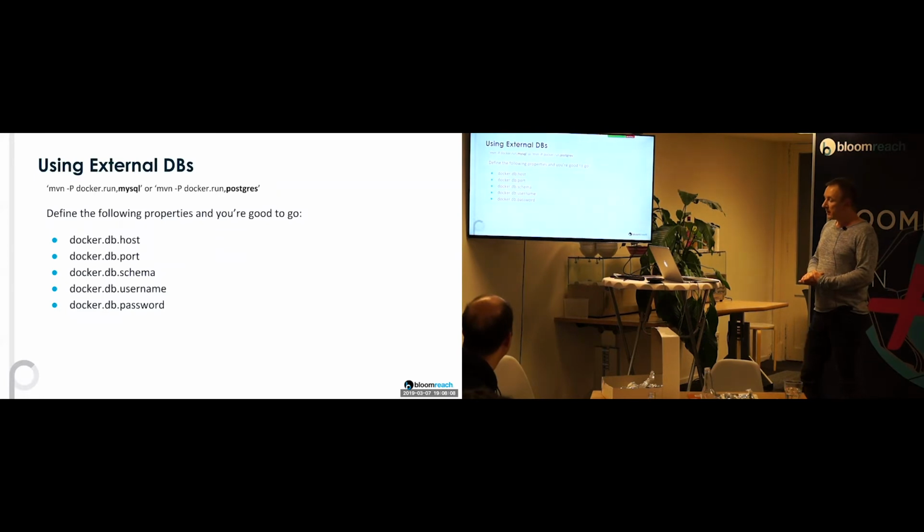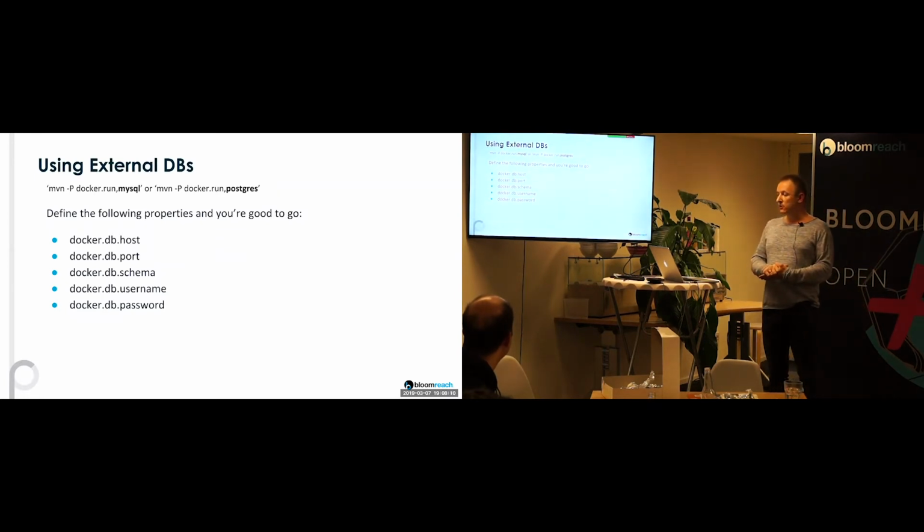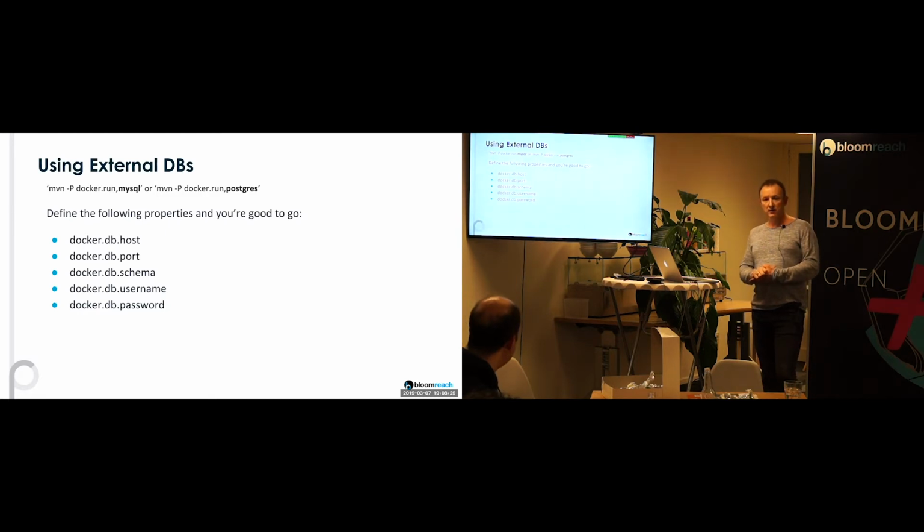Yeah, you also have the possibility to point your BRXM application to an external database. There are two profiles that were added starting in version 13.1. All you need to do is define specific properties, and you are good to go.